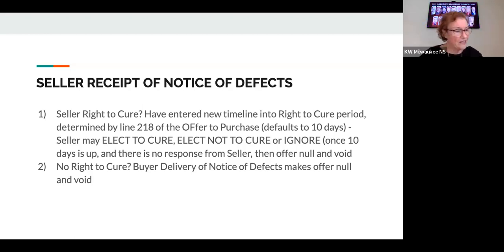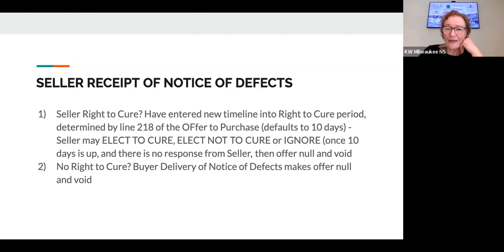One other situation, I have a little bit of time, I bring it up because it seems to have happened. Negotiation, amendments back and forth, nothing resolved. And so the buyer sent a notice of defects. The seller starts to come around, and the seller says, maybe I can cure some of these defects.